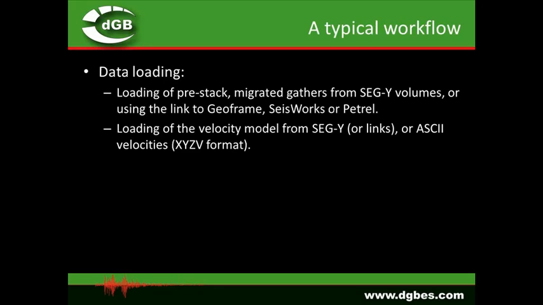You migrate in a form of migrated gathers from SEG-Y volumes, or using links to existing software like GeoFrame, Arnaud Huck, and Petrel. You can also load similarly the velocity model from either SEG-Y volumes or the software links I mentioned above, or from ASCII velocities in XY depth velocity format, for instance.